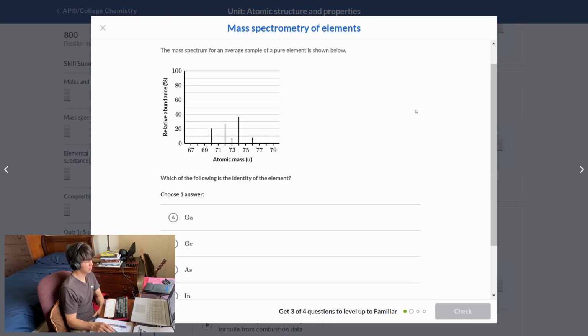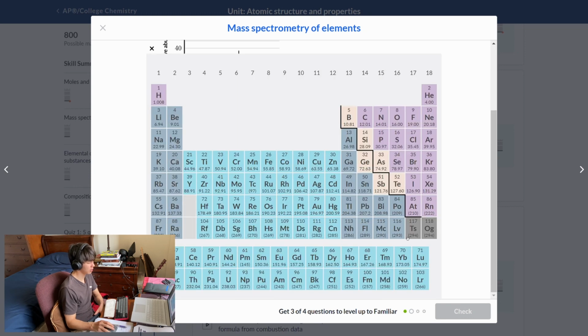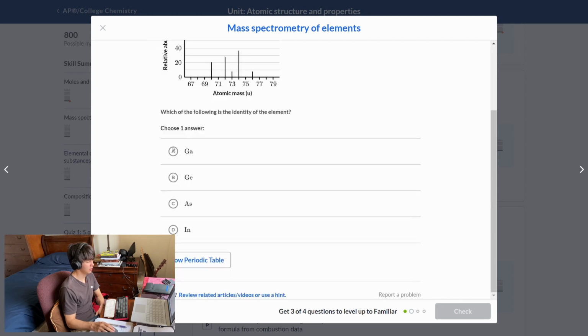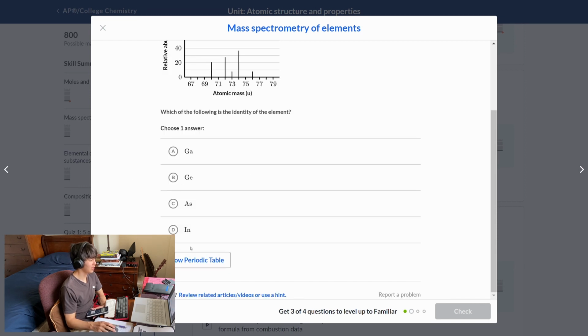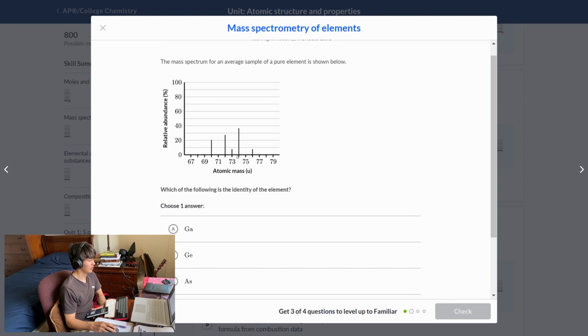Okay, so atomic mass of 74. The bottom number is the mass number, so 74. Both of them are there. Okay, well, 74 is the most, but it kind of ranges around.